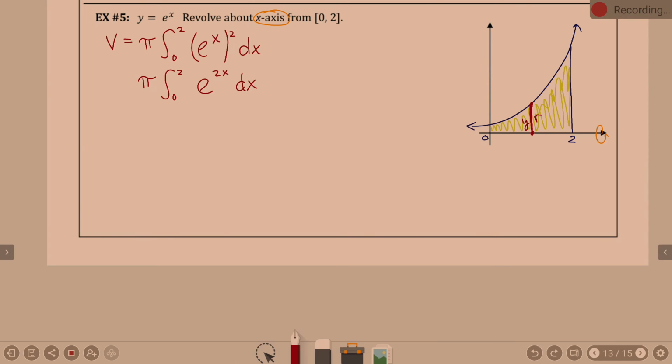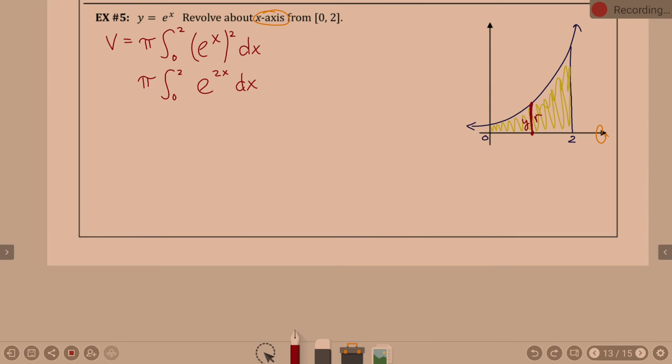Let's see, how confident do we feel today? Can we integrate that? Do we need to use substitution? And here's what I think.